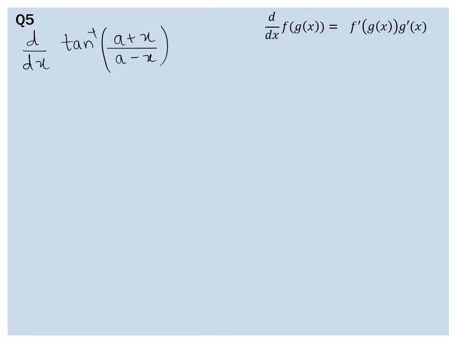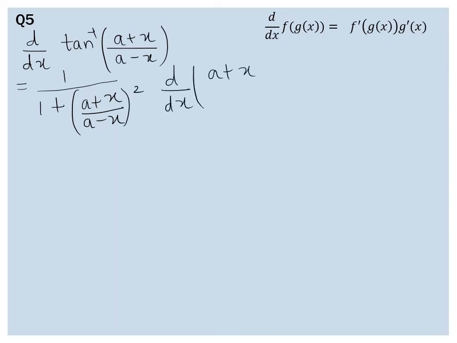In this example, it is tan inverse of a plus x upon a minus x. So it is a function of a function, and therefore applying the chain rule, the derivative of tan inverse of y is 1 upon 1 plus y square. So it is 1 upon 1 plus (a plus x upon a minus x) the whole square, into the derivative of this a plus x upon a minus x.